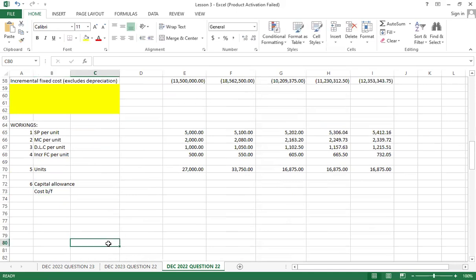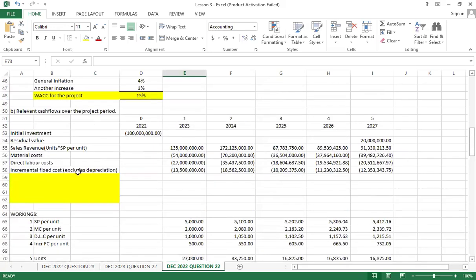So what is the cost of these assets brought forward? When you come back to this relevant cash flow workings, we already said that we have the initial investment, and that initial investment totaled 100 million shillings. The initial investment is the value at which you acquire the machine or the asset that you want to use.